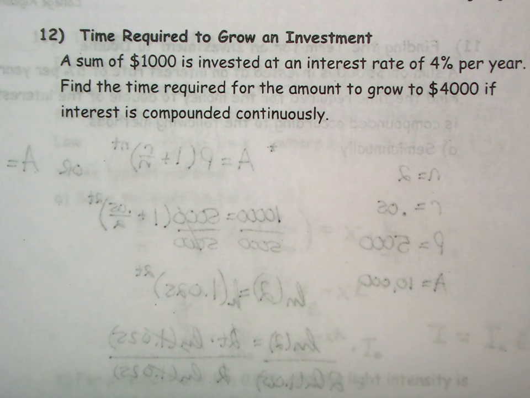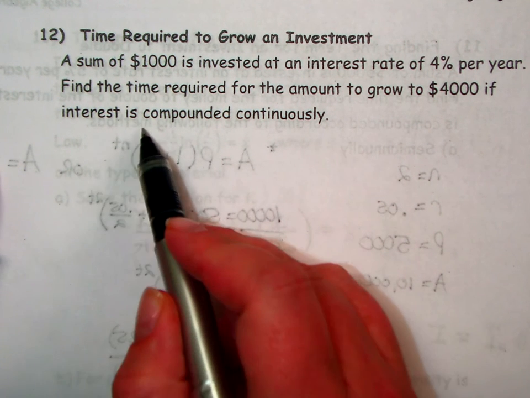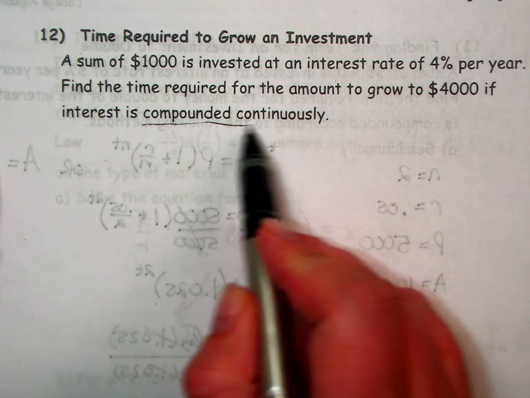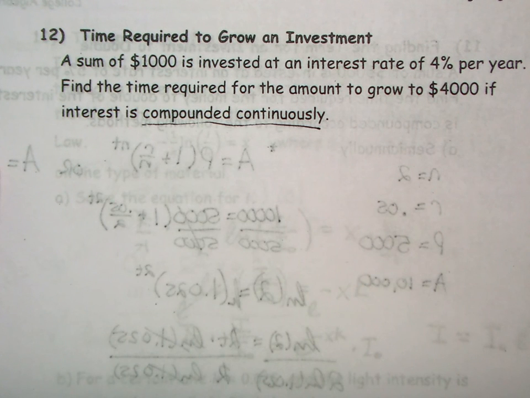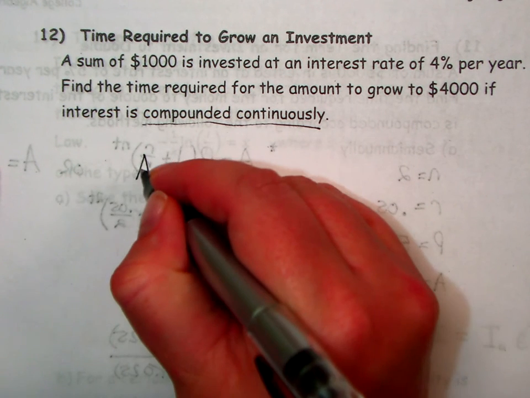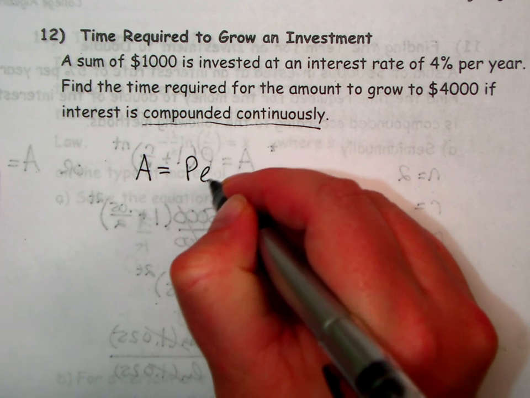All right, so last problem here. The time required to grow an investment. So we have a sum of 1,000 this time. Interest rate is 4% per year. Find the time required for the amount to grow to 4,000 if the interest is compounded continuously. So this frequency of compounding the interest tells us that we need to use the PERT equation.